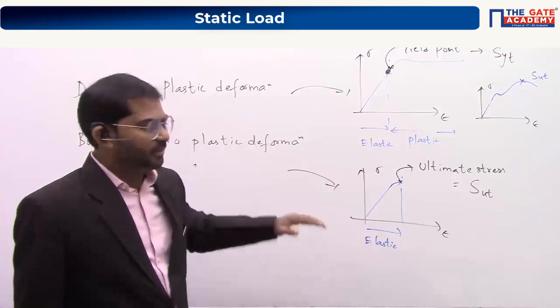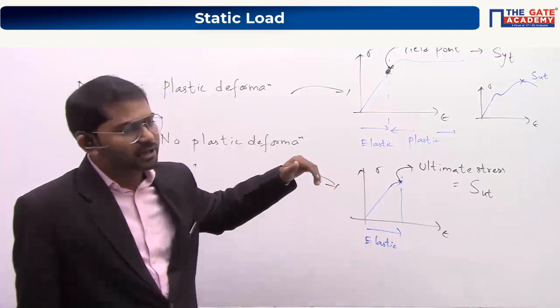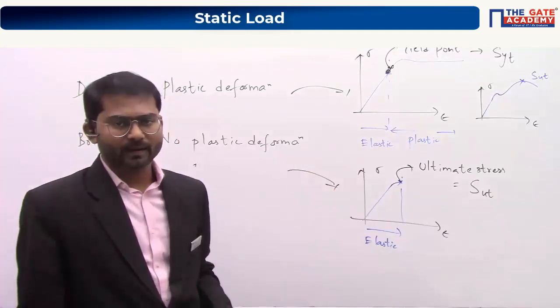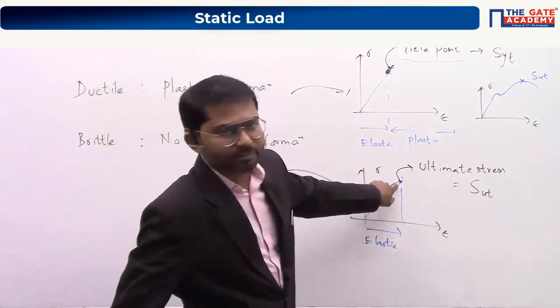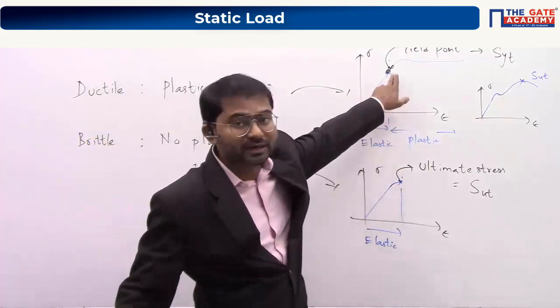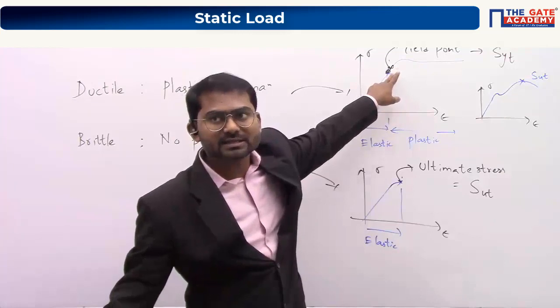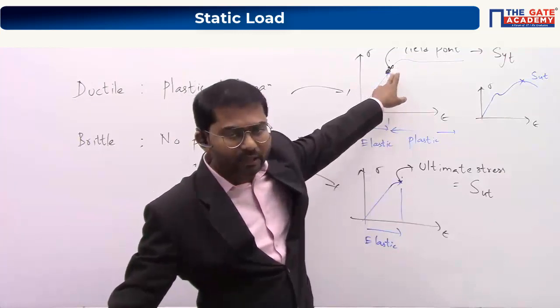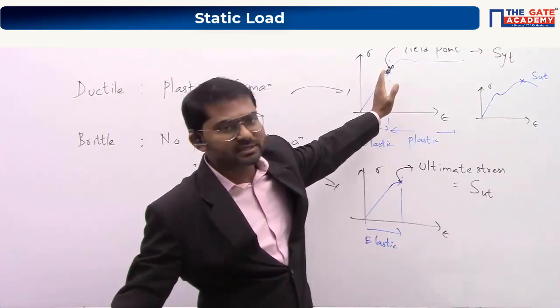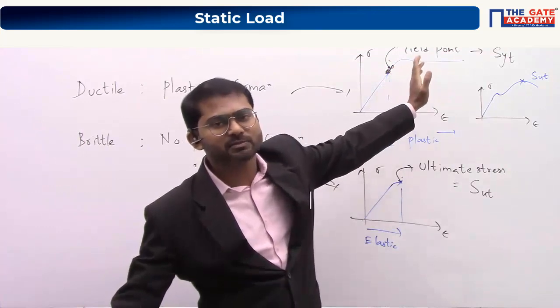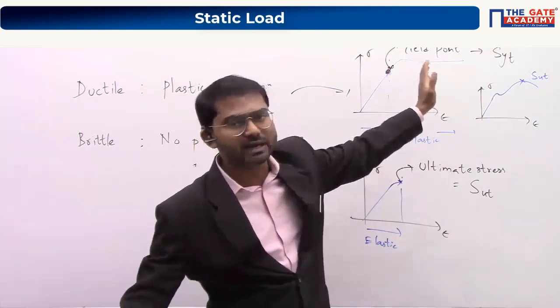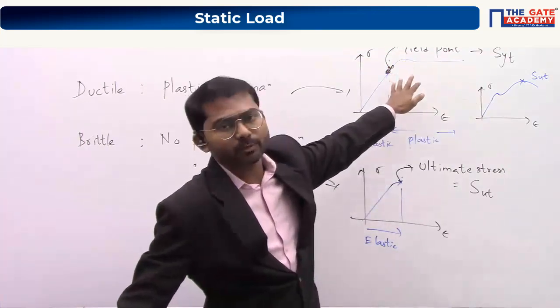But in brittle metals, at the ultimate stress value, fracture will happen. Understand? This is the point where fracture is happening. In ductile metals, we are not concerned about the fracture point. We are concerned about the point where the elastic region disappears and the plastic region starts. That point we call the yield point.